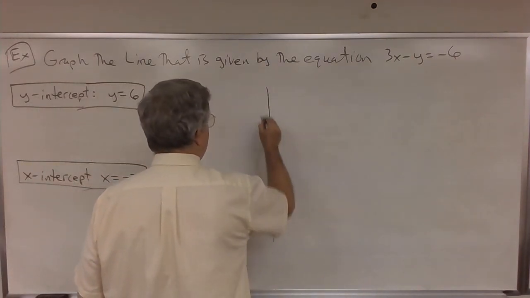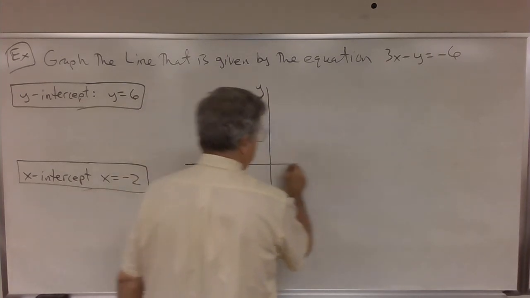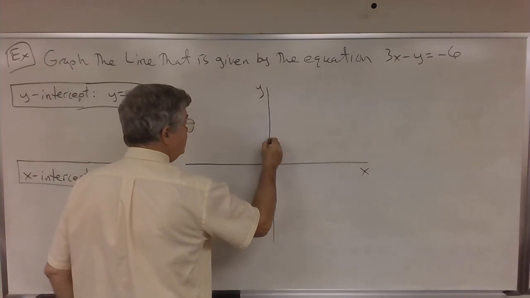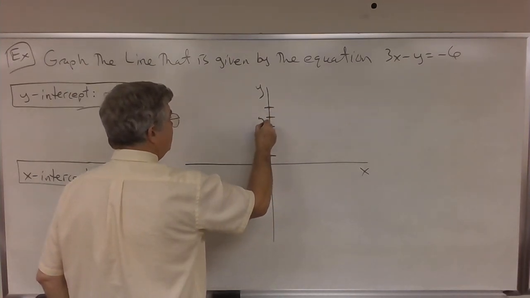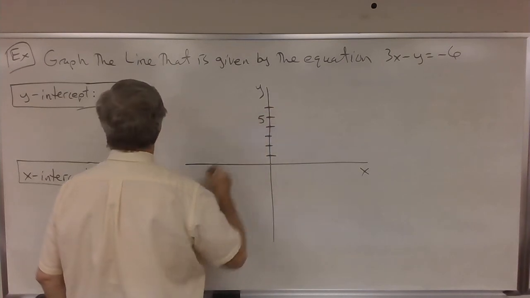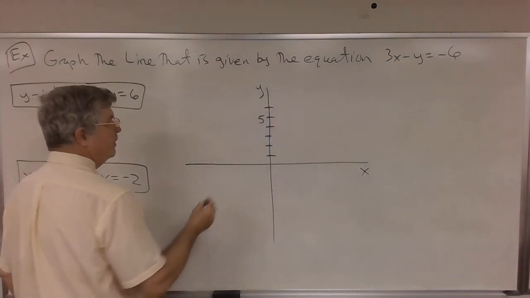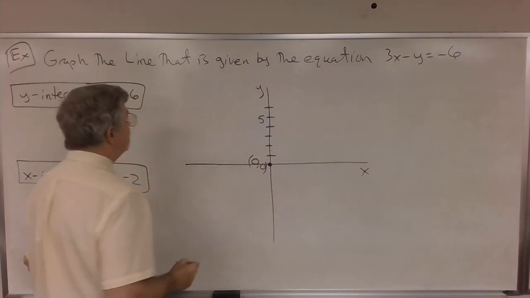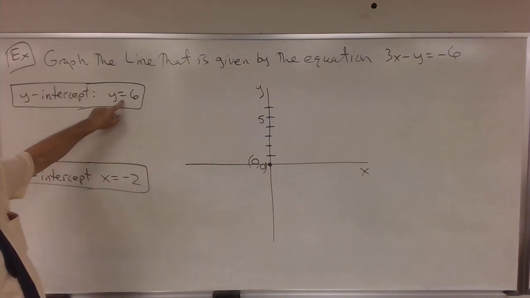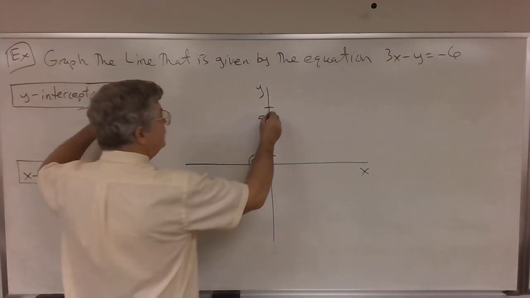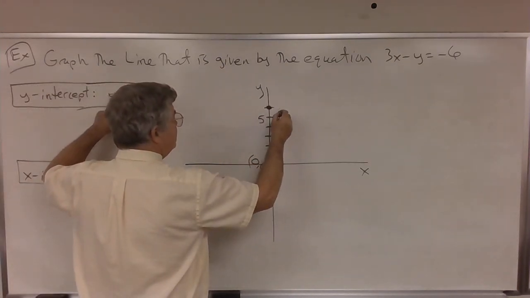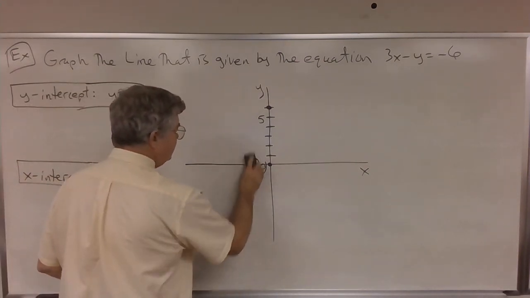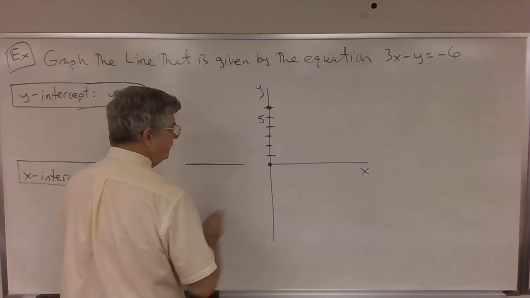And here's my y-axis. And here's my x-axis. 1, 2, 3, 4, 5, 6. Y equals 6, the y-intercept, is one of the points on the graph. And x equals -2 is another point. I'm going to have to move this.